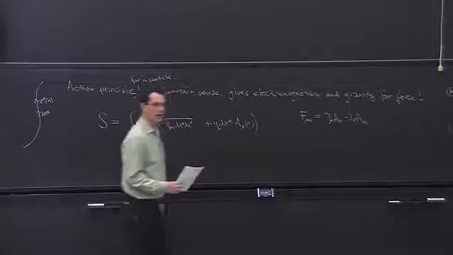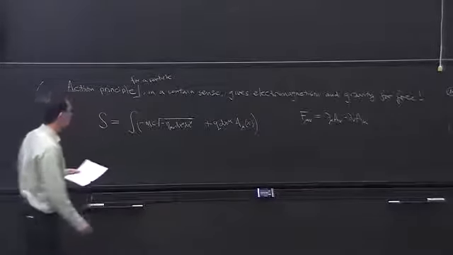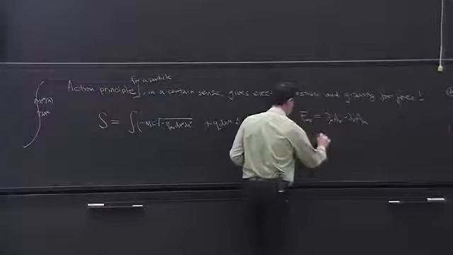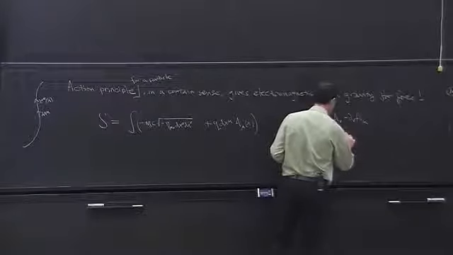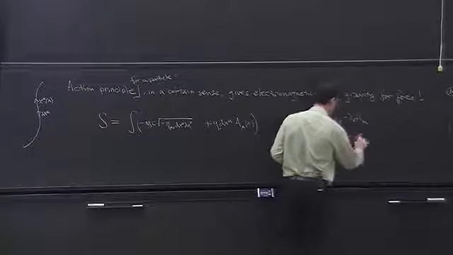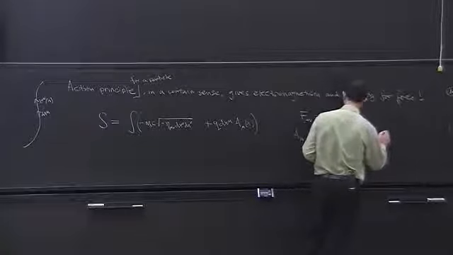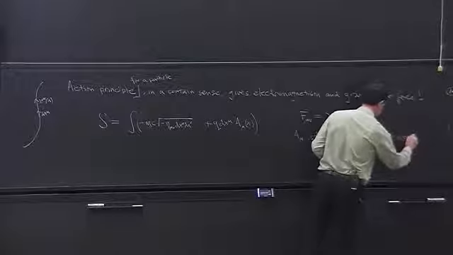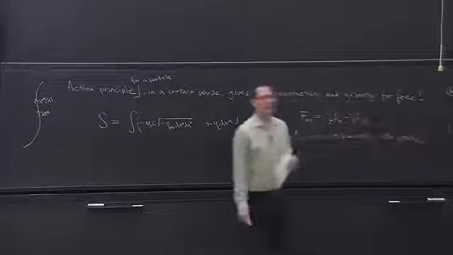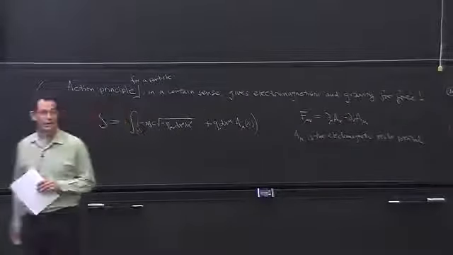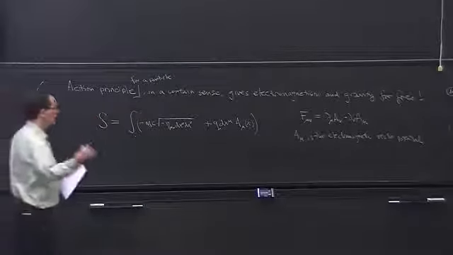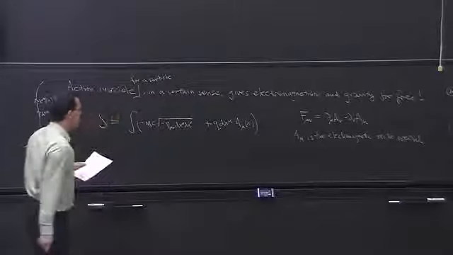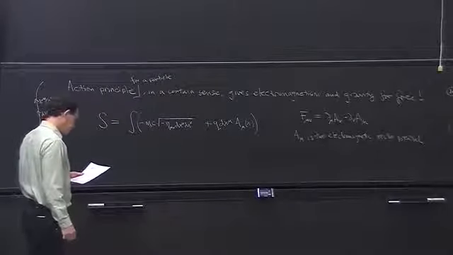And this is the correct coupling. So A mu is the electromagnetic vector potential. Okay, so electromagnetic forces really are the simplest thing you could possibly invent that couple particles, that represent forces on particles.